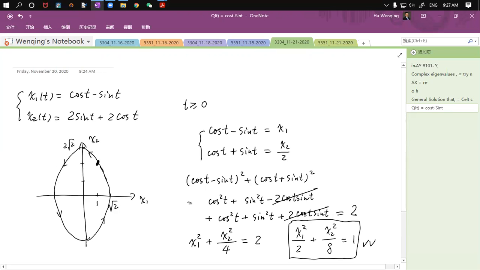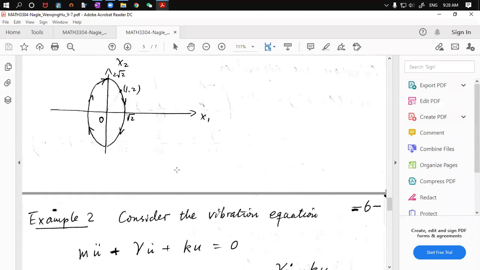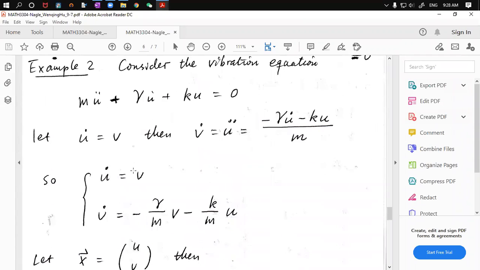So the solution is rotating in a counterclockwise direction on a periodic orbit like an ellipse. That's the point. Is that good? So we got the solution rotating around the ellipse counterclockwise. That's the solution to this problem in terms of trajectory.